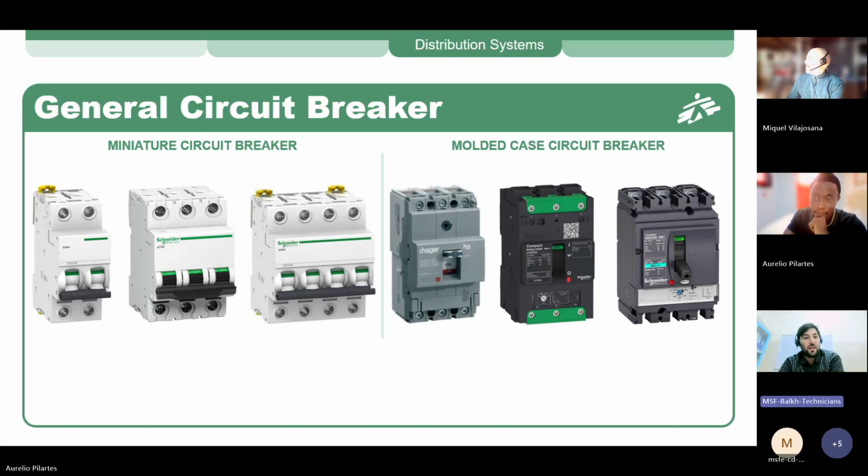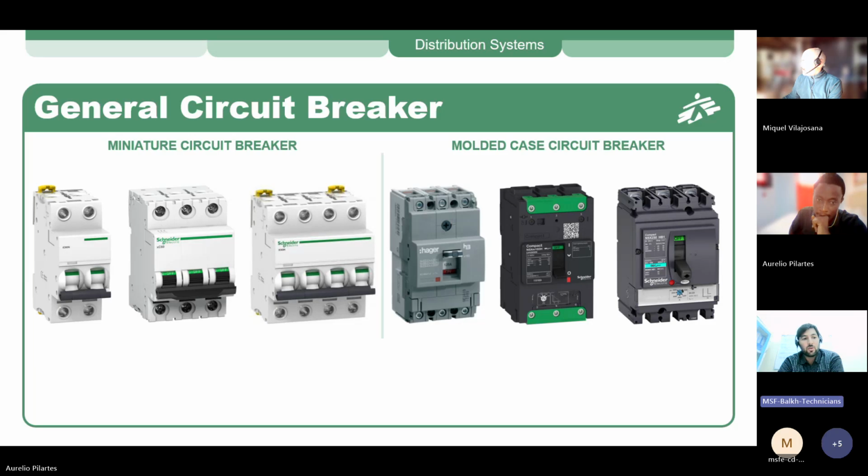Sir, in here we have two types of circuit breakers. One is MCB, miniature circuit breaker, and one is MCCB circuit breakers. For large amperes, you're using MCCB circuit breakers, and for small amperes, we are using MCB breakers.